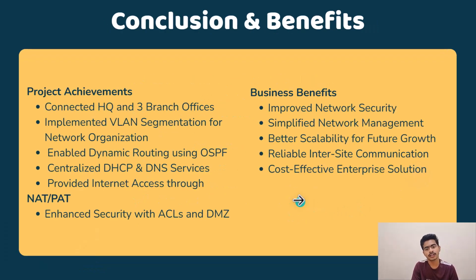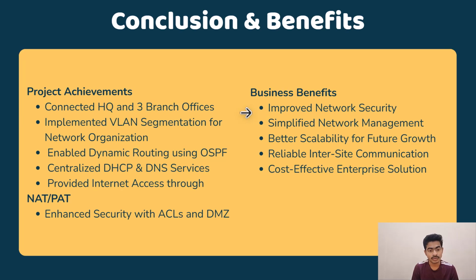At the last, here is a conclusion. What we have achieved with this project: we have successfully connected 3 branches with the HQ. We have implemented VLAN segmentation for network organization. Then we have applied dynamic routing to make it more efficient and scalable.